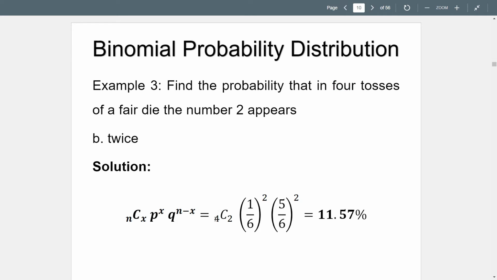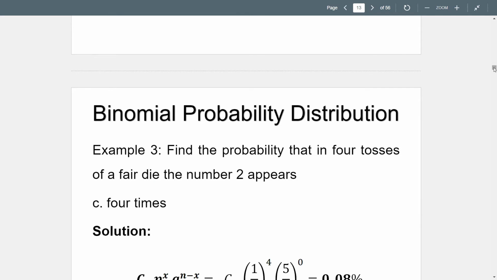So you'll have here 4 C 2, then the probability of success is 1 all over 6 to the power x, which is 2, and then 5 all over 6 is 1 minus p, or simply this is q, the probability of failure. And this will be n minus x, which gives us 4 minus 2. Using your calculator, you'll have an 11.57% chance that the number 2 appears twice.